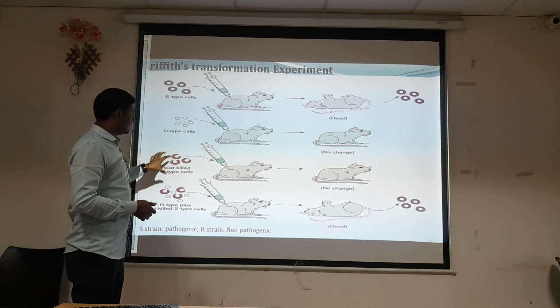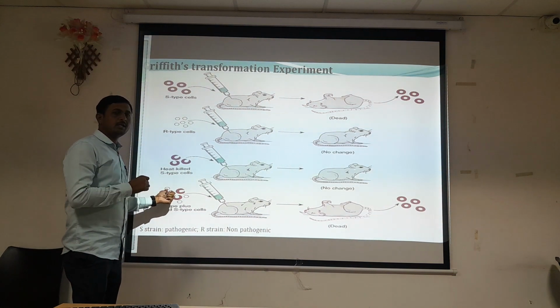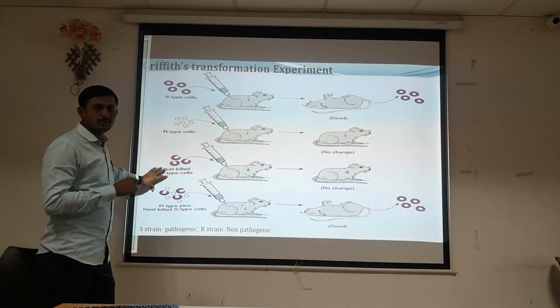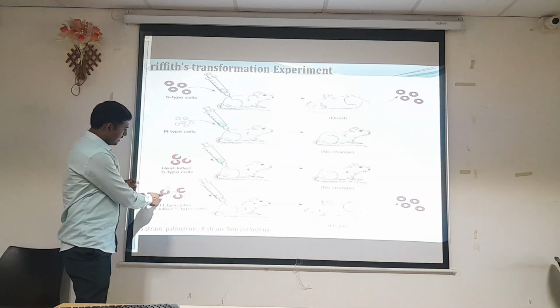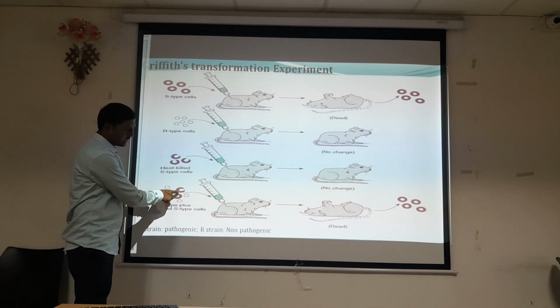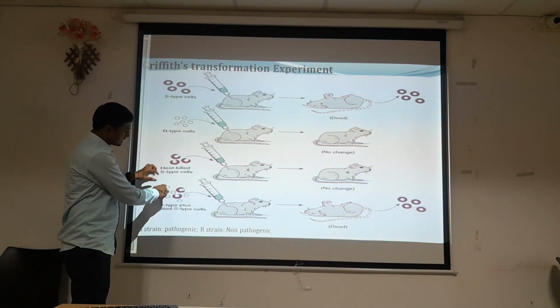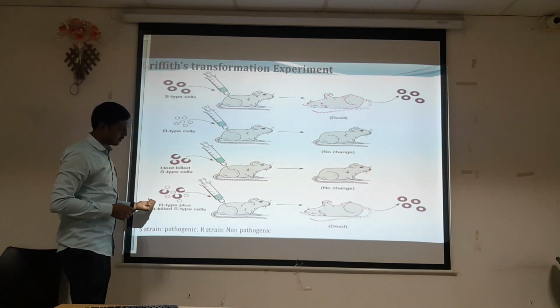After that, he used heat-killed S type of cells and R type of live cells. Here in the red color we can see heat-killed S type of cells and R type of cells in a clear hollow diagram.